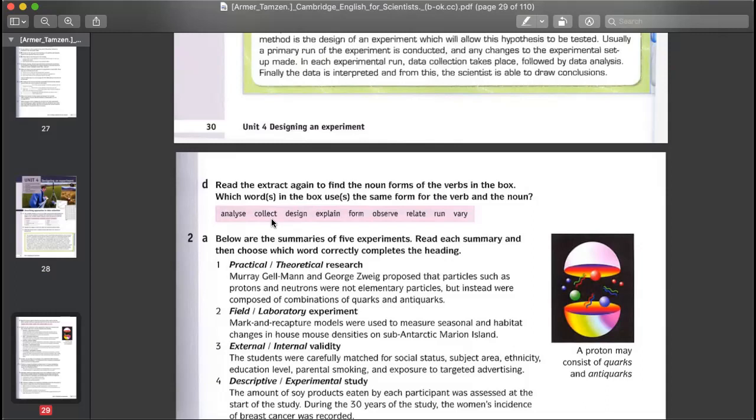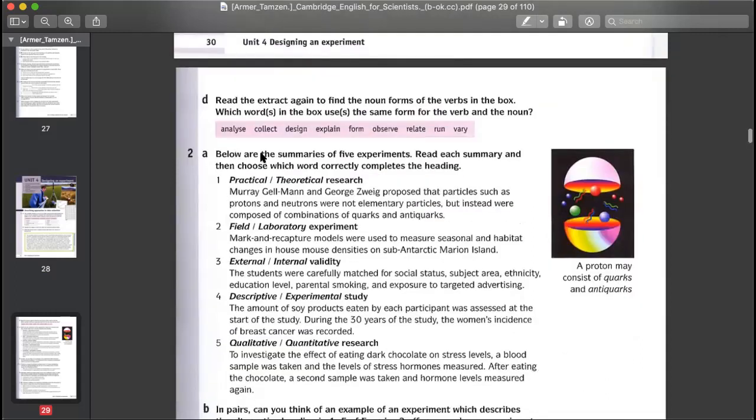طيب in 2A, here we have below are the summaries of 5 experiments. Read each summary and then choose which word correctly completes the heading. يعني عندنا يقولك practical or theoretical research, for example.